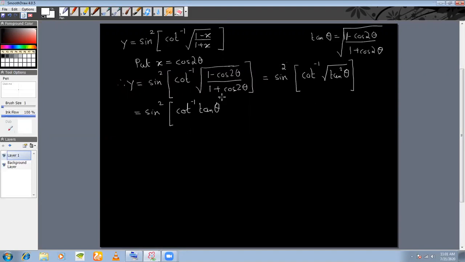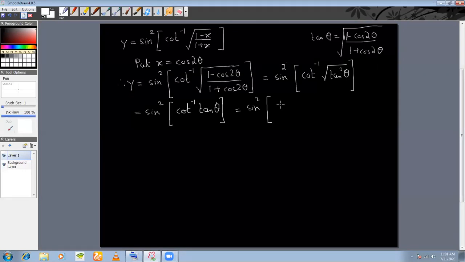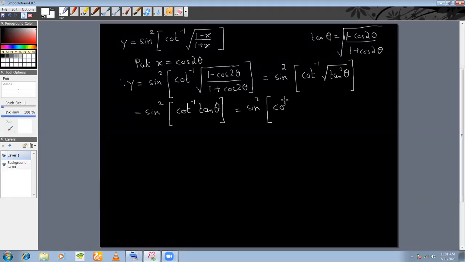Now we have to change this tan to cot, isn't it? So we write this as cot of pi by 2 minus theta.